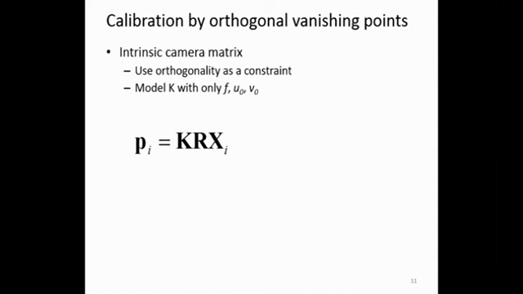In this case, what we know is that we have three points such that the 3D directions that project onto them are orthogonal. So there's a vertical direction and a direction this way, for example. Since they're orthogonal, what is the constraint between these 3D vectors?